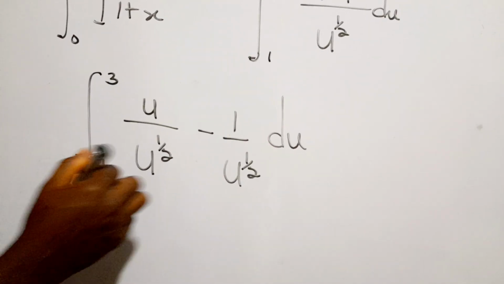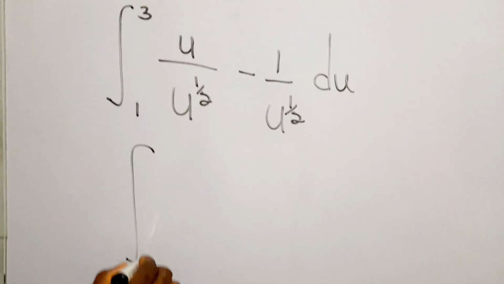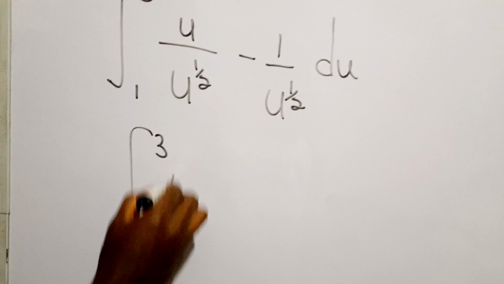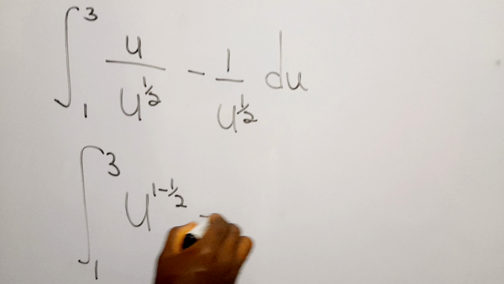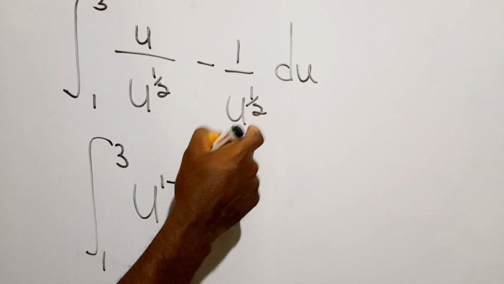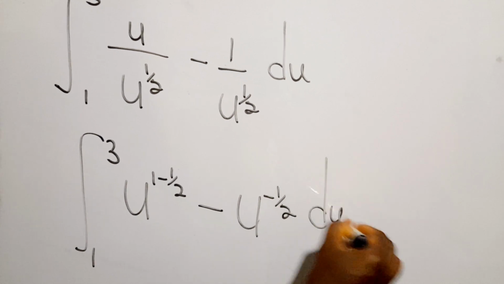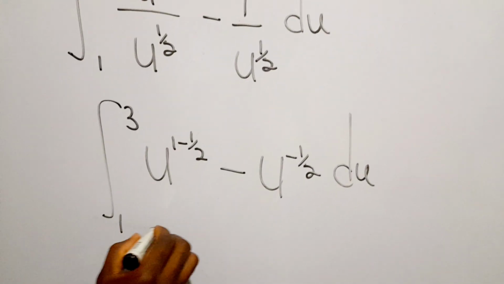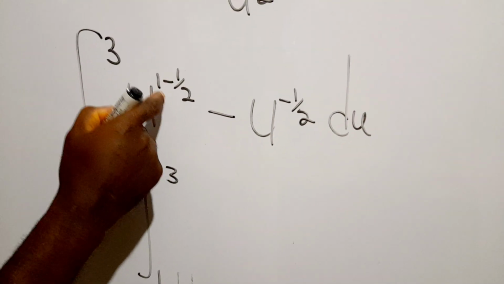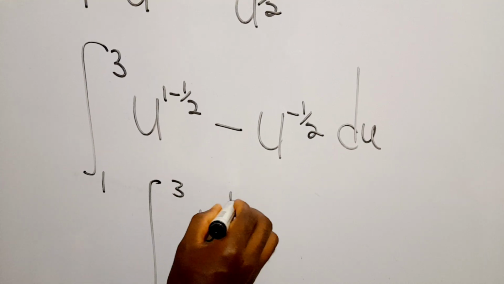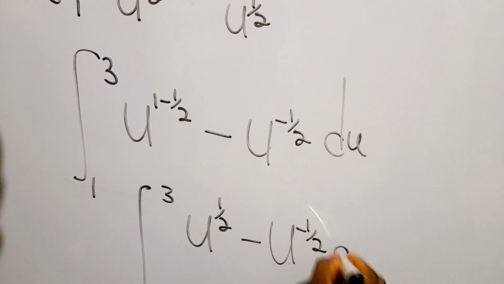Then remember, this u is exponent 1, so we can rewrite this as the integral spanning from 1 to 3 of u exponent 1 minus half, since we are dividing using indices, then minus this will be u exponent negative half using indices du. Now 1 minus half is half, so u exponent half minus u exponent negative half du.